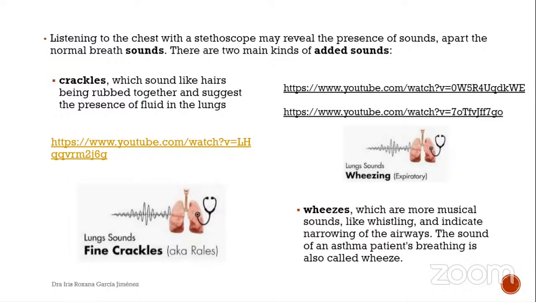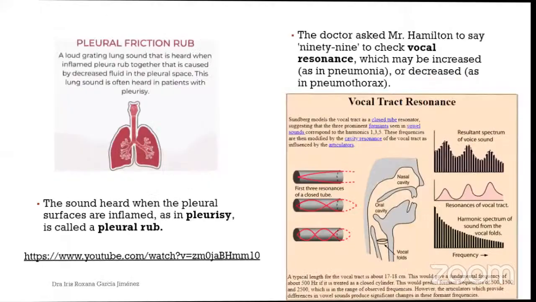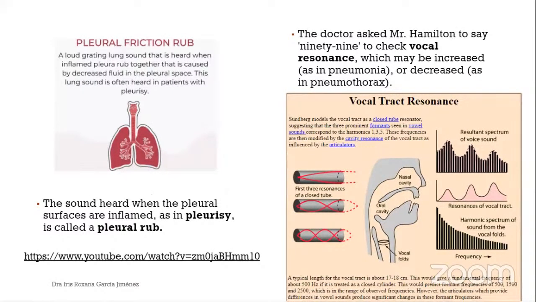Usually in asthma, we can hear wheezes. All links I'm going to send to the WhatsApp group for you to listen to these details on your own. The pleural friction rub is the sound that we hear when the surfaces of an inflamed pleura rub together. Again, I'm going to send the link for you to listen to this.